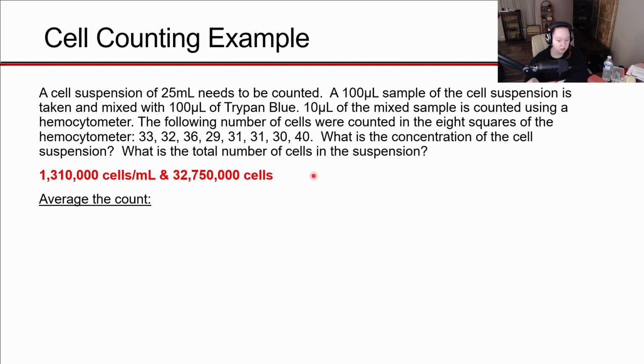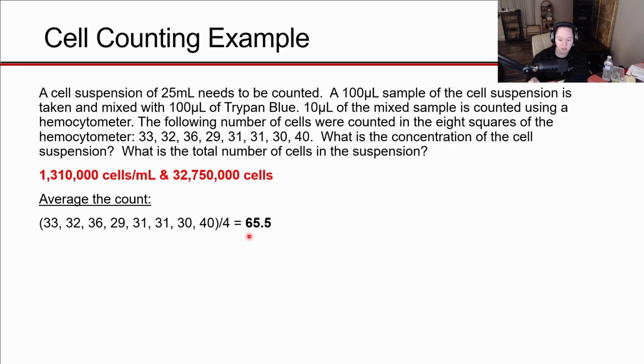So to get this answer, you first average the count. Right off the bat, I'm seeing that these numbers are all very similar to one another. So another cell count doesn't need to happen. If they were all very different, you would want to retake that 10 microliters, put it in a clean hemocytometer.